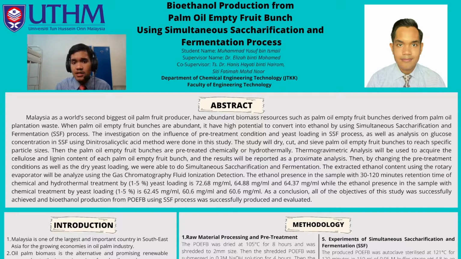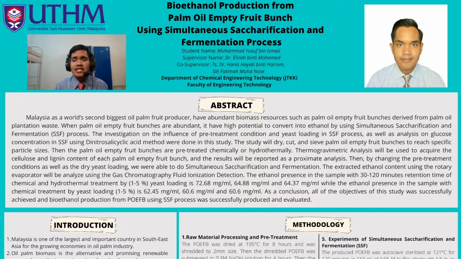The study will dry, cut, and sieve palm oil empty fruit bunches to reach specific particle sizes. Then, the palm oil empty fruit bunches are pre-treated chemically or hydrothermally. Thermogravimetric analysis will be used to acquire the cellulose and lignin content of each palm oil empty fruit bunch, and the result will be reported as proximate analysis.